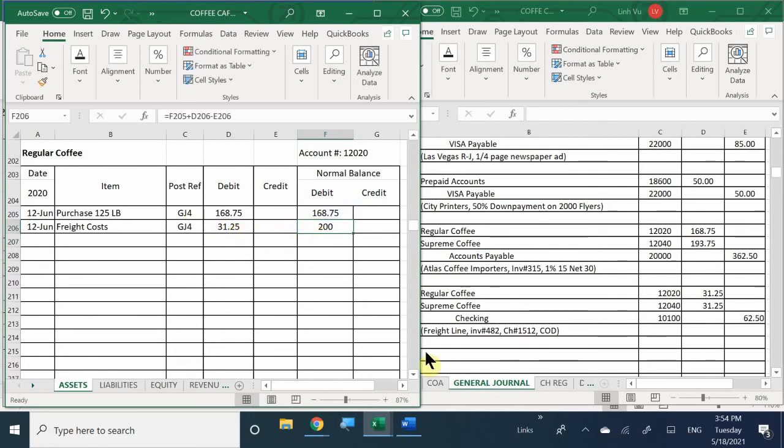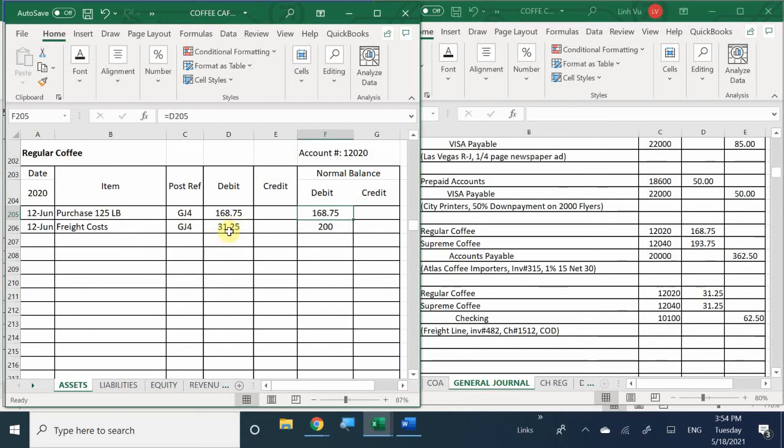Once again, I'm going to take the previous balance, add any debits because it's an asset, it increases on the debit side, and subtract any credits, which in this case decreases my assets. So here I am increasing because I'm placing the freight in here.